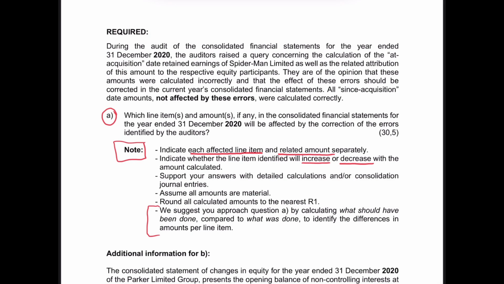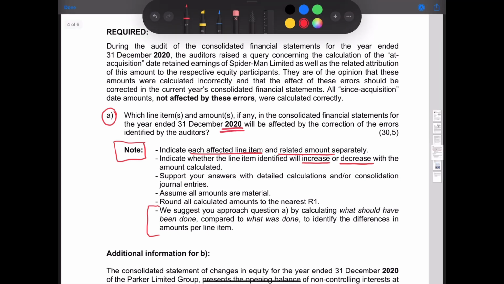Question A also asked for you to calculate which line items and amounts in the consolidated financial statements for the year ended 31 December 2020 will be affected by the correction of the errors identified by the auditor. This 2020 is in bold, which means you should pay special attention to it. It is in bold for a reason.